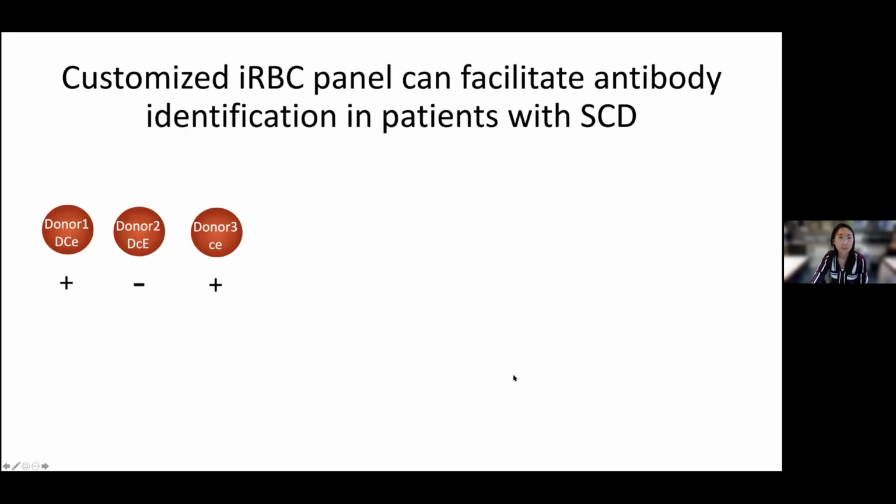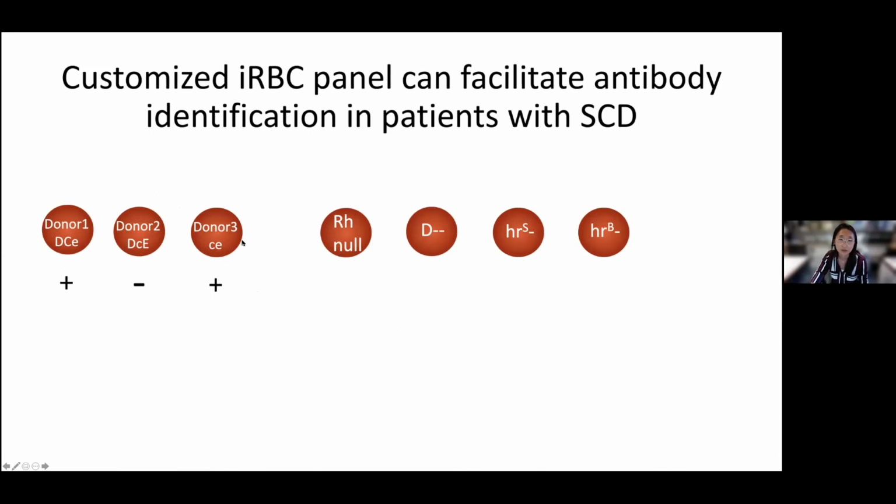So this is a quick summary of how we think IRBCs can facilitate antibody identification in patients with sickle cell disease. If you see a positive antibody evaluation, you would go on to use our IRBC panel for screening antibodies against high prevalence antigens, which would allow you to quickly determine whether the antibody in the patient plasma is actually against a high prevalence antigen or not.